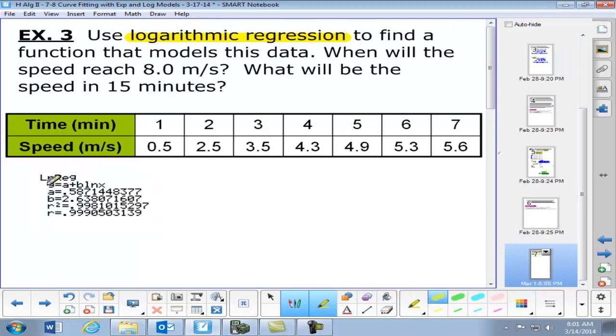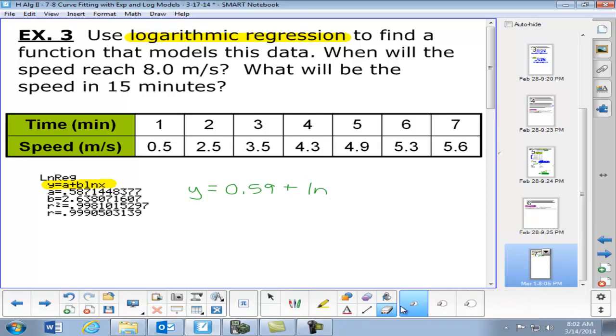Now it shows you your model is y equals a plus b natural log of x. Here's a, here's b, so let's fill it in. We get y equals, and then you have a, which is 0.59 rounded, plus b times the natural log of x.